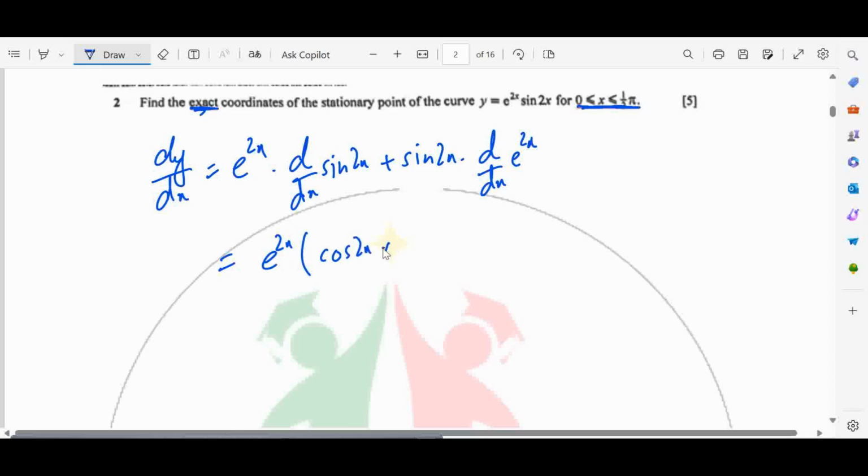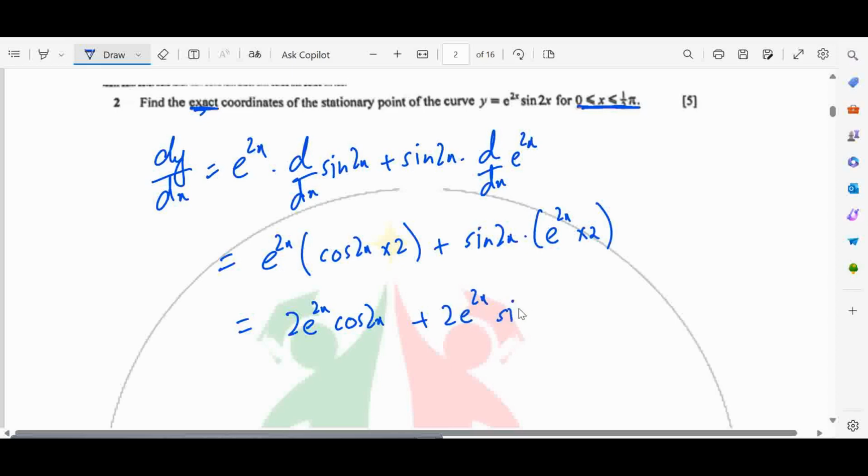If we take the internal derivative, it will be 2, plus sine 2x into the derivative of this, which will be e power 2x multiplied by 2. Now this will be equal to 2e power 2x cos of 2x plus 2e power 2x sine of 2x.